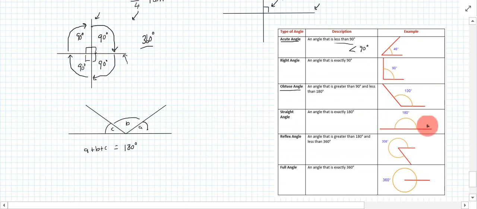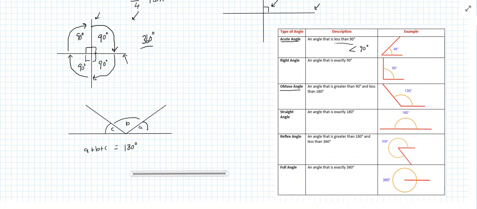Again, if you add them all up, the sum of each of these angles will add up to 180 degrees, in this case. If you have something like this, let me just draw this.